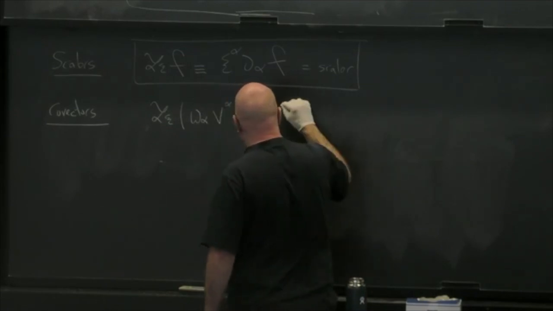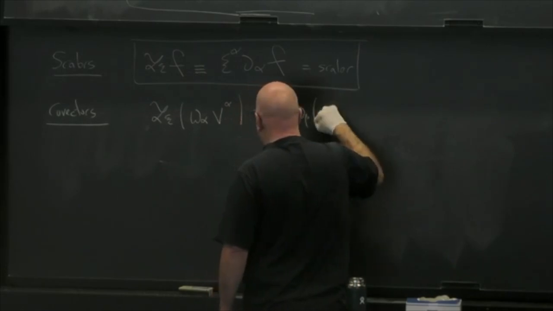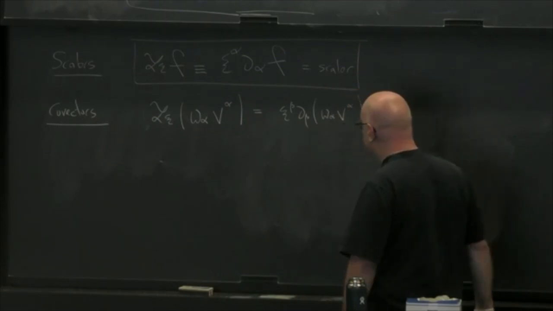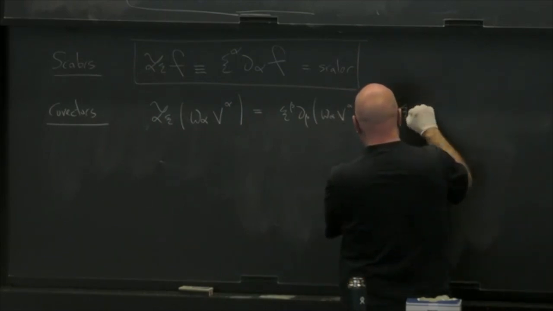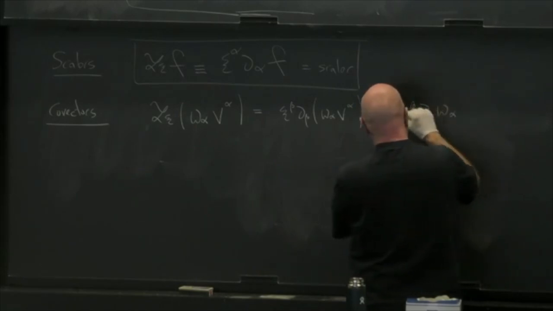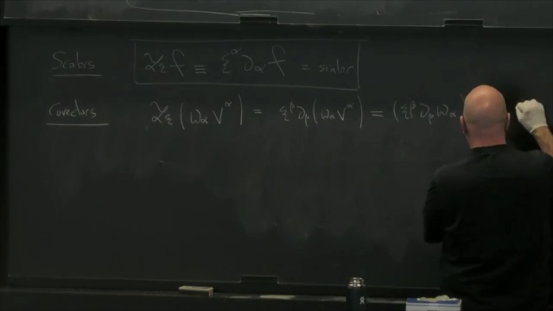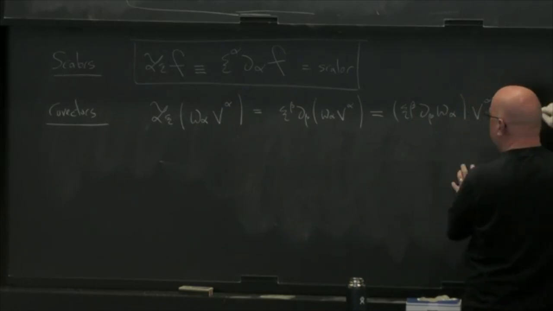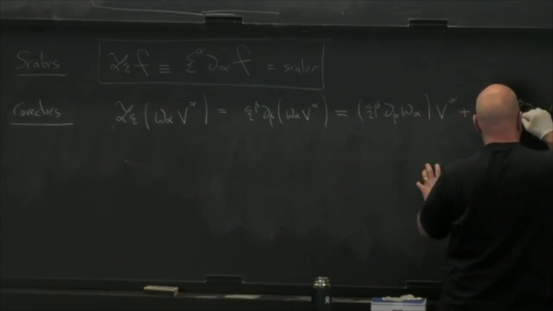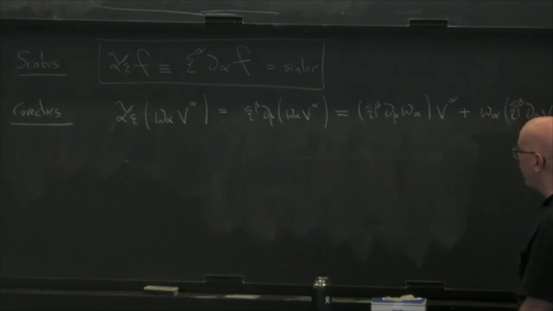So this is a scalar, so I can rewrite this as the directional derivative of that product. And this I can make explicit. So first we have the derivative of omega, and v gets multiplied, and then we have omega that comes along, and we have the directional derivative of v. So that's the first line we can write down.